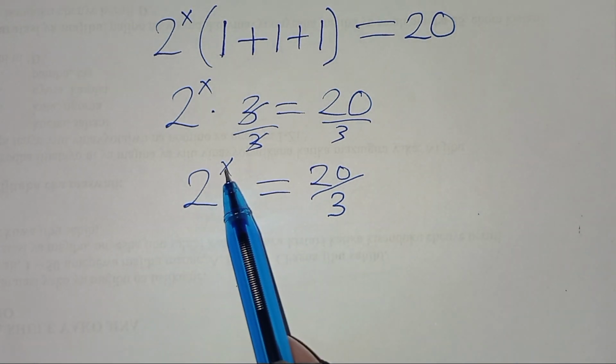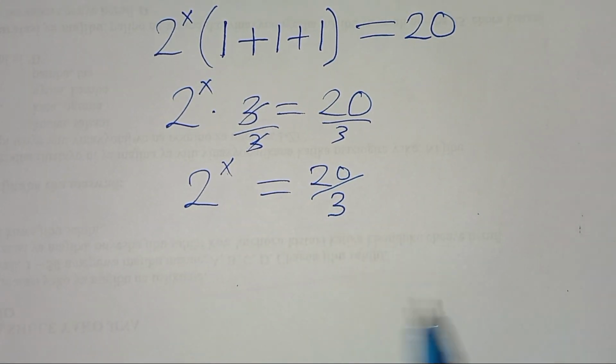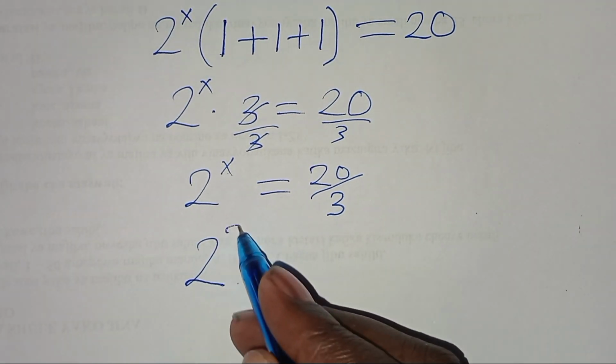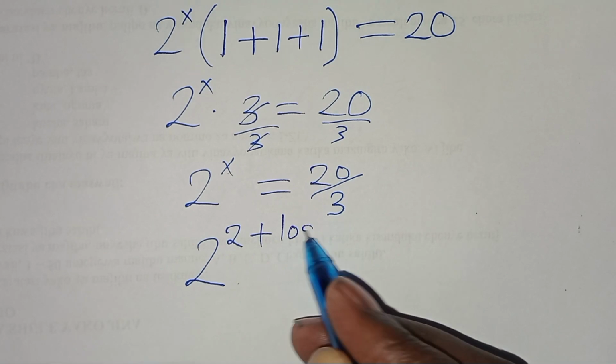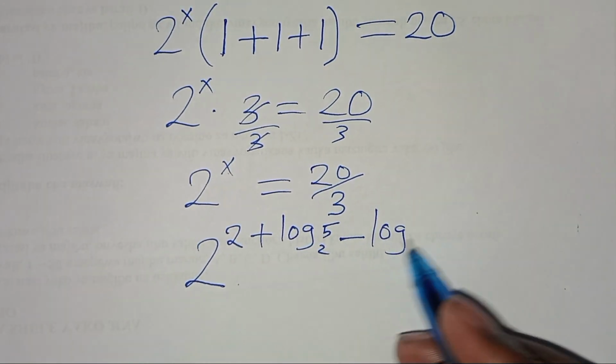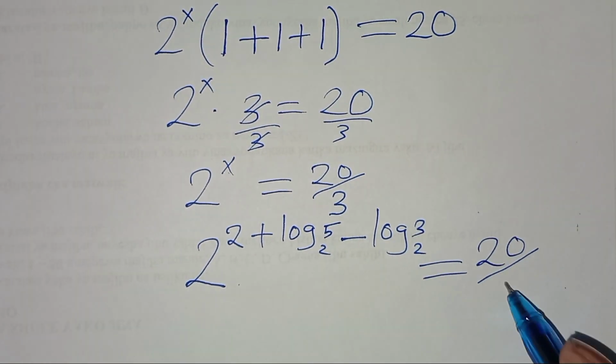So let's substitute the value of x and check if 2 to the power x is equal to 20 over 3. So substituting the value of x here, we'll have 2 to the power 2 plus log 5 to base 2, subtract log 3 to base 2. This should give us a value of 20 divided by 3.